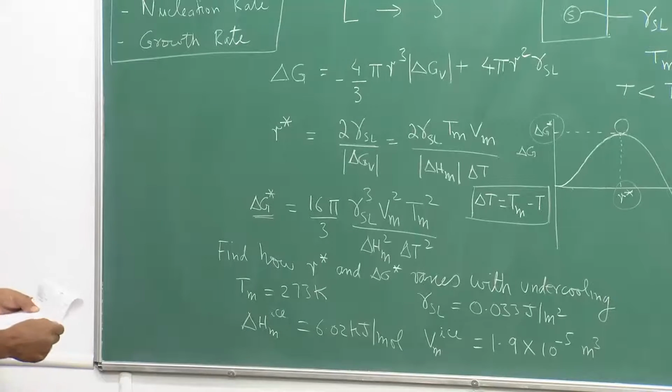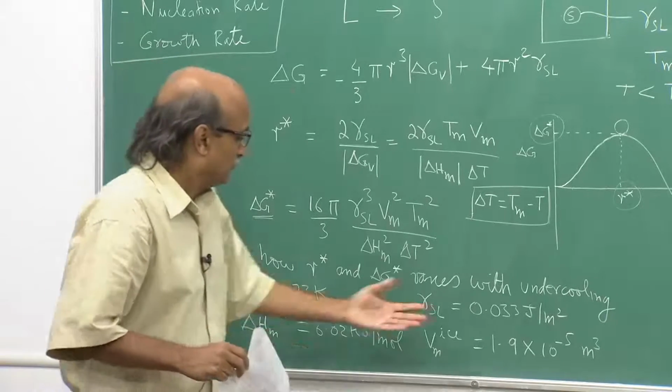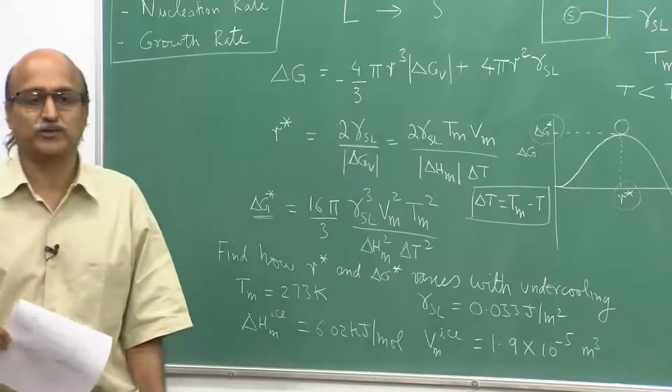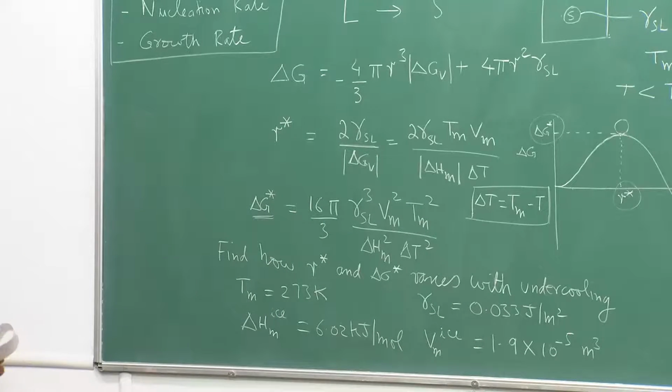That is what it means, that 1 mole of ice volume would be 1.9 into 10 to the power minus 5 meter cube.